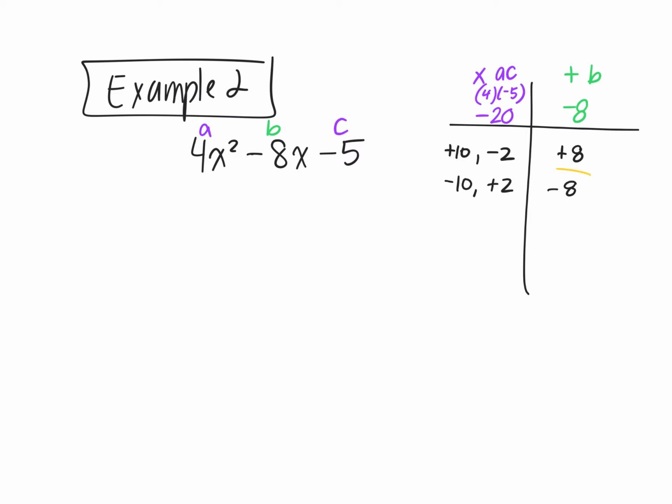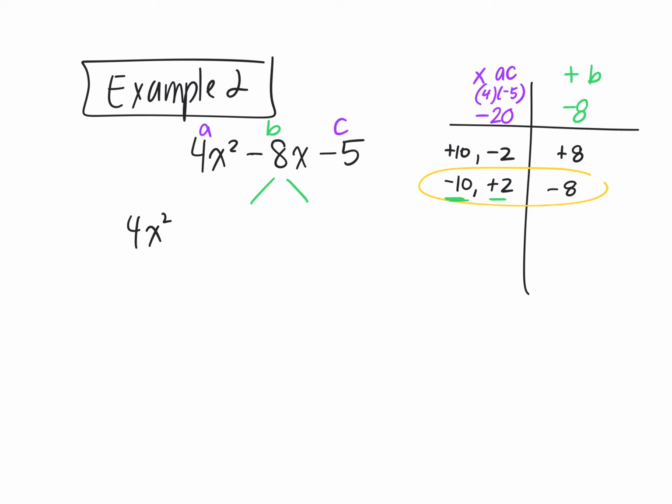Yeah, that works. So now I have to figure out, am I going to put my 10 with the 4, or am I going to put the 2 with the 4? You're trying to break this apart. So we have 4x squared, plus, it's either going to be plus 2x or plus negative 10x.